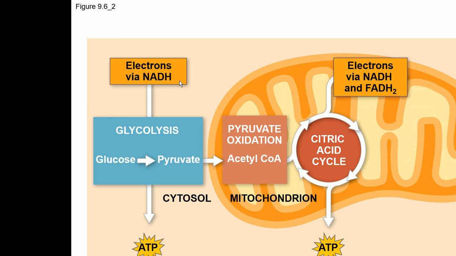This acetyl coenzyme A, which has 2 carbons, enters the citric acid cycle, and in this cycle again ATP is produced by substrate level phosphorylation. In the citric acid cycle, the whole energy is extracted from the food.